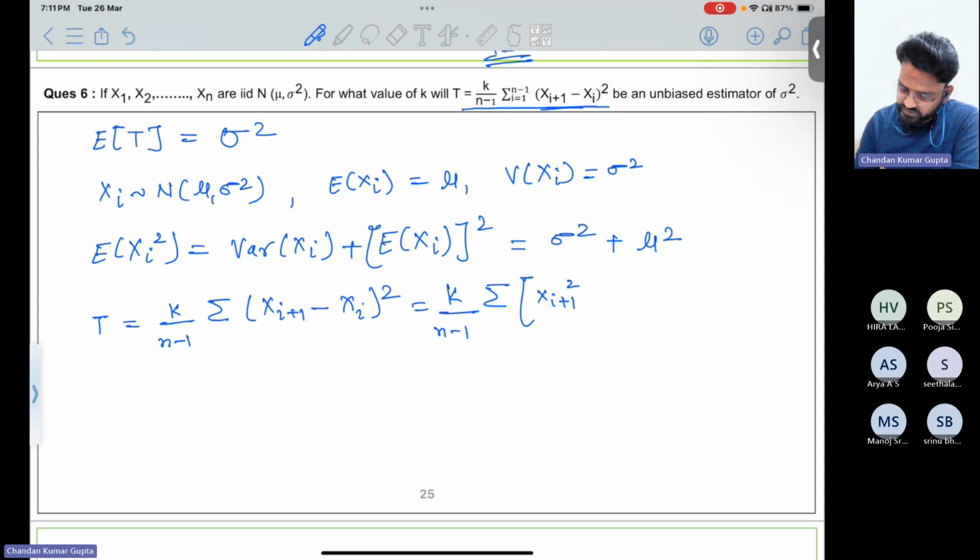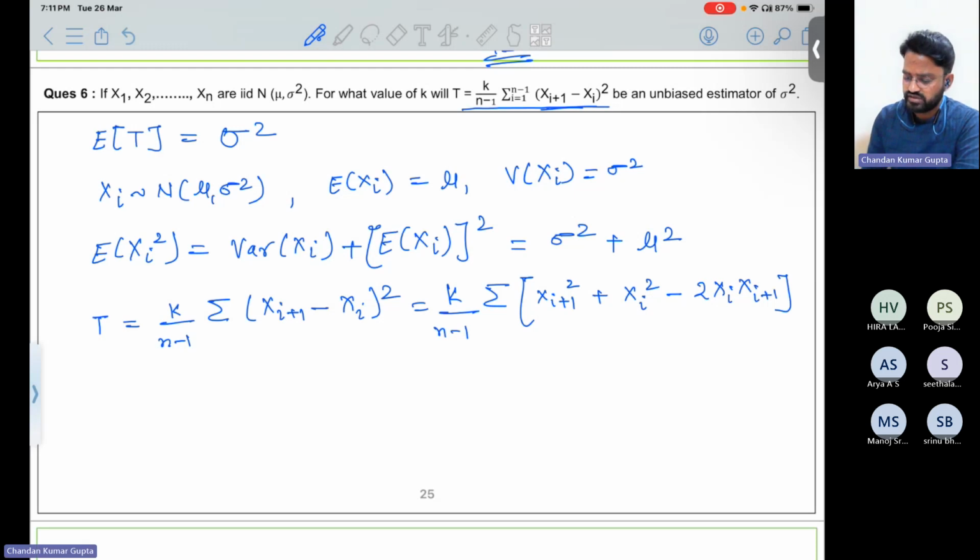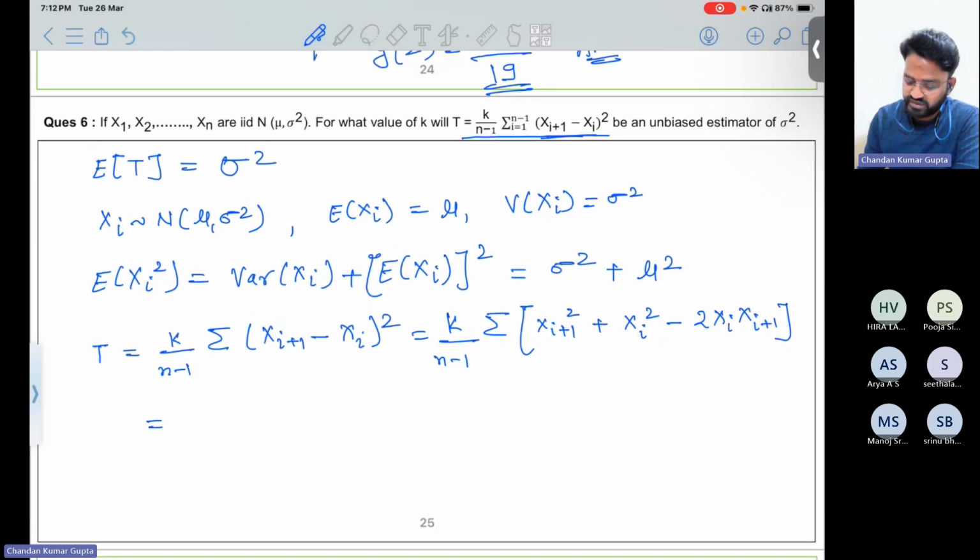That means xi plus 1 whole square plus xi whole square minus twice xi plus 1 xi. Okay, a minus b whole square. Now there is a summation from 1 to n minus 1.